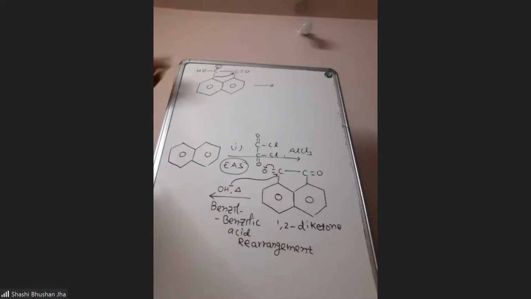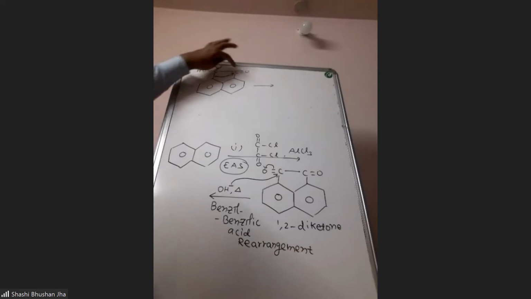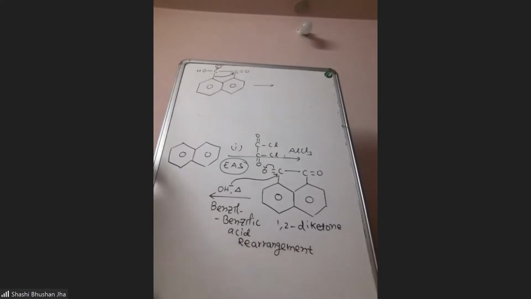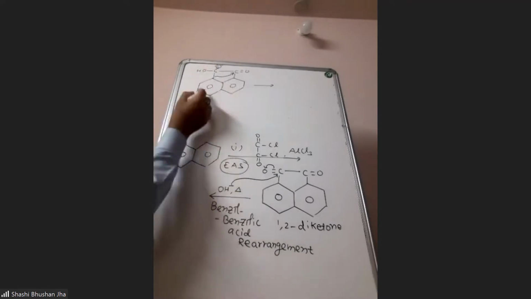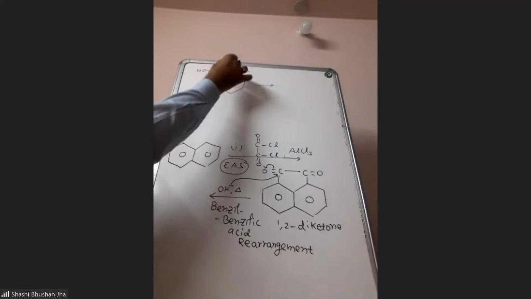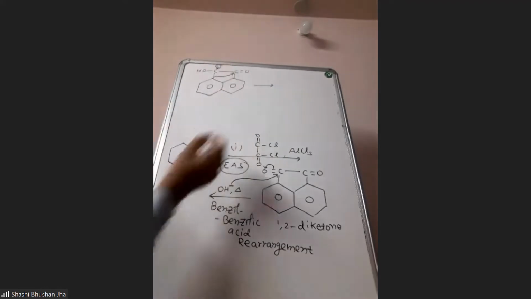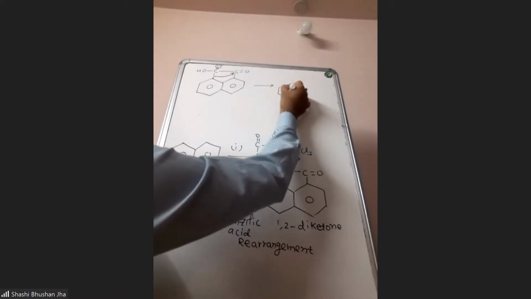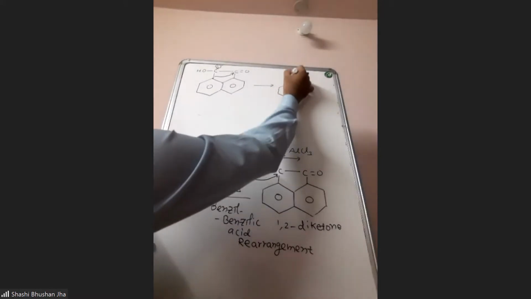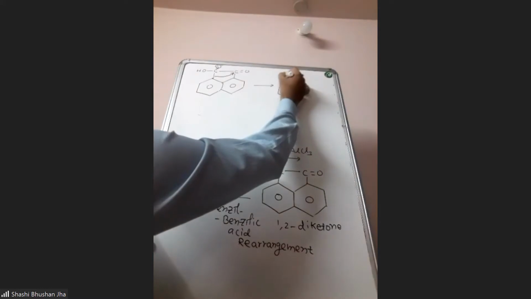Migration of this ring will take place from this carbon to the next carbon. That is only the benzylic acid rearrangement. So this carbon-carbon bond will break and a new bond between this carbon and this carbonyl carbon will form. Then you will get this product here.